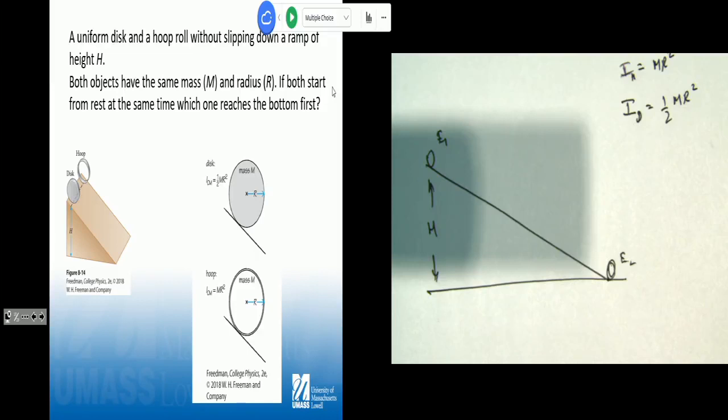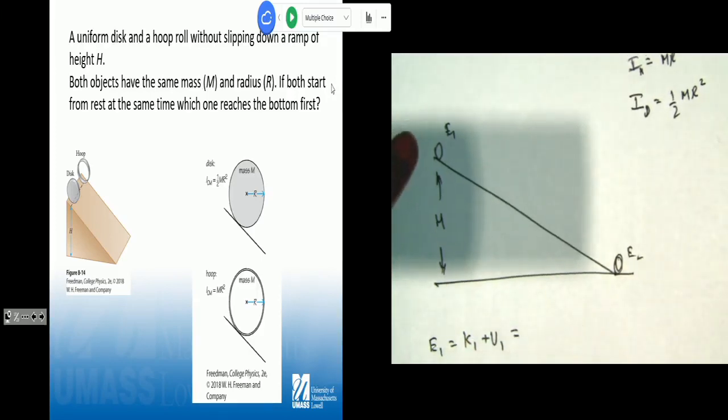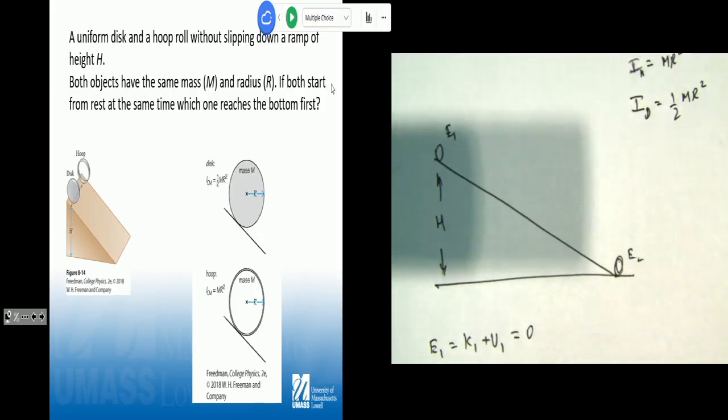Let's say that this object is rotating. So it's either the hoop or the disk, right? And we'll substitute later for hoop and disk. So over here, E1 is K1 plus U1, right? At the very top, it starts from rest, so its kinetic energy is 0. By the way, you may have homework questions where it doesn't start from rest at the top.